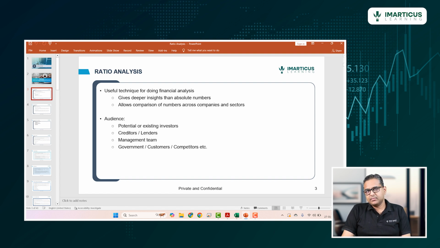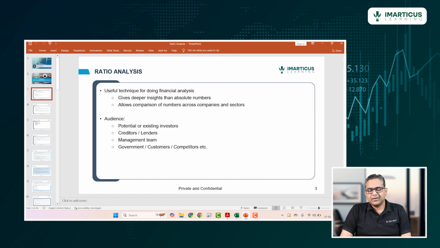Similarly, the management team. Let's say we are sitting in the top management position of any company, in a leadership position. We need to figure out how our company is doing. For that also, we will need to look at various ratios which our company is generating, and then we can figure out whether from the last 5 years we have done relatively better, or we are not doing so well.